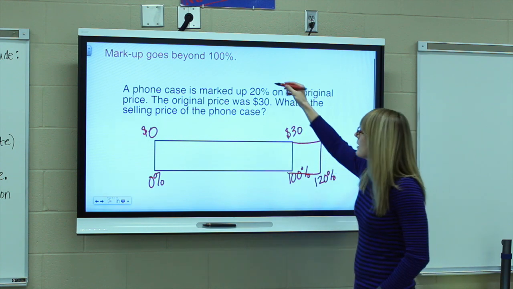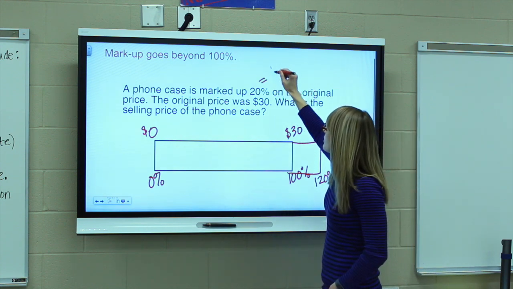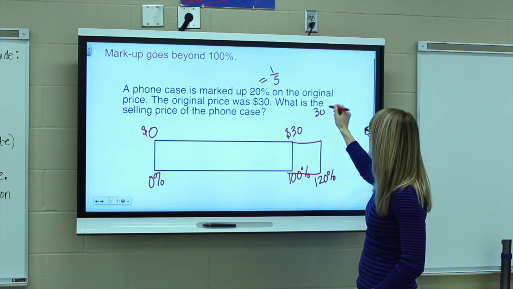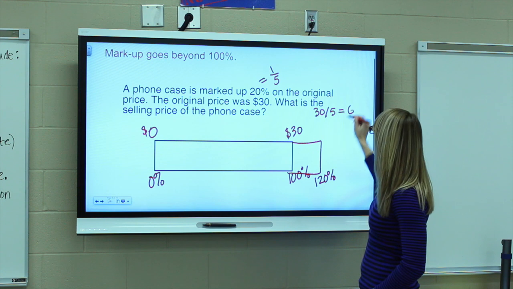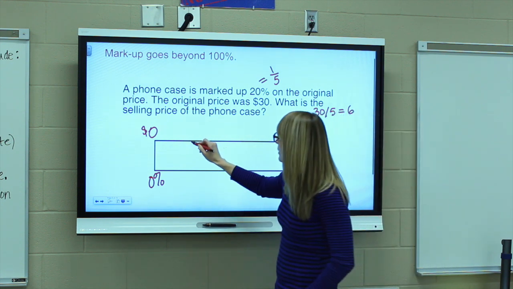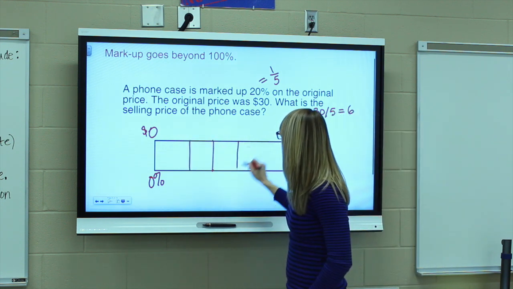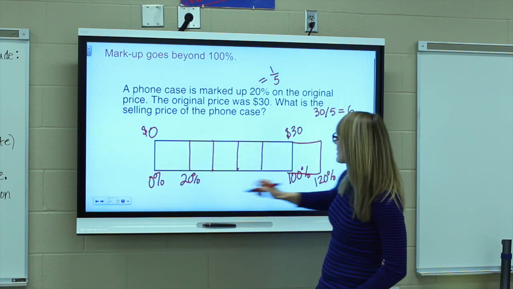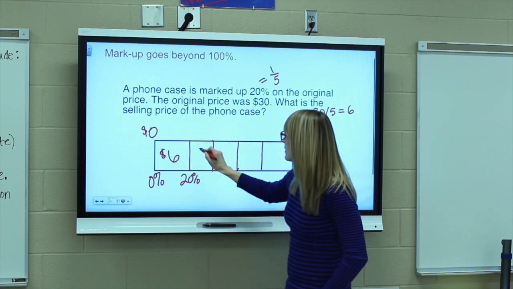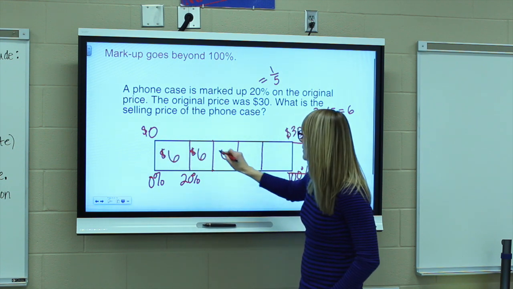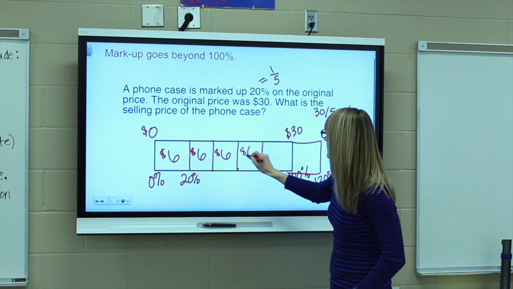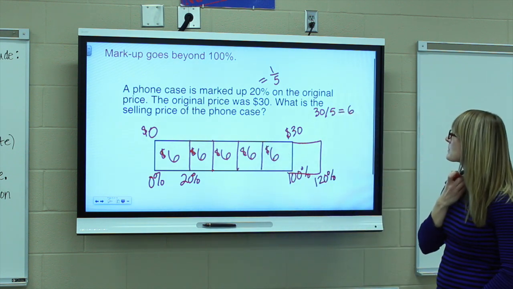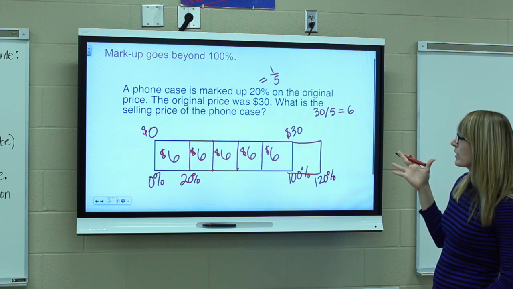But we do know that 20% is equal to a fifth. And so I'm going to start by taking my $30, dividing it by 5. So I know that 1/5, or 20%, is $6. Okay, so the phone has been marked up 20%.